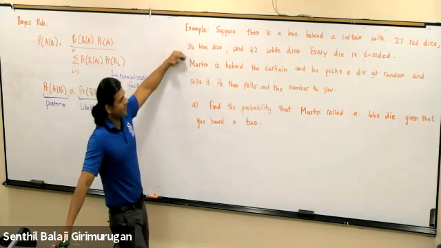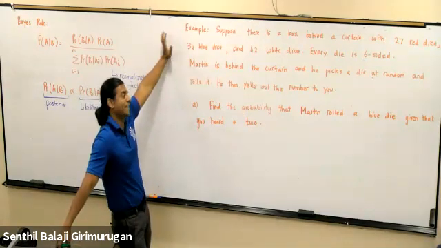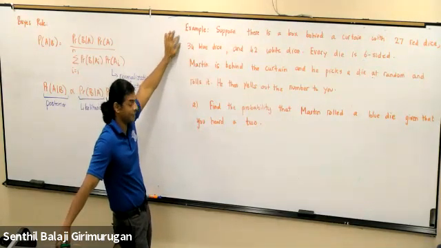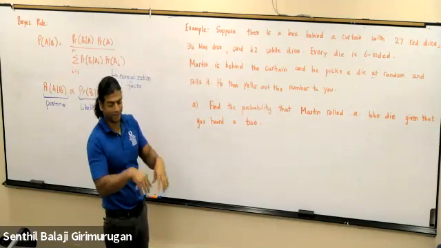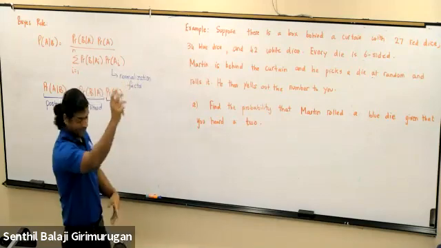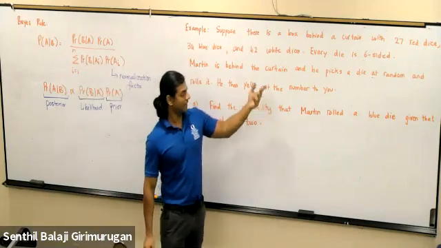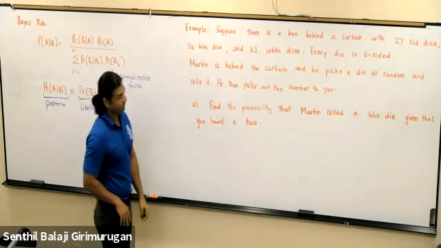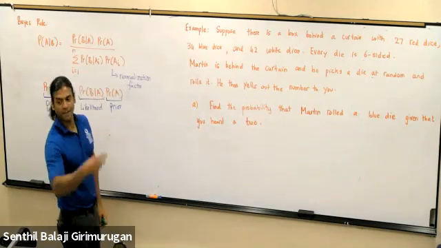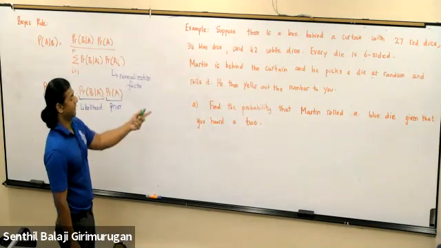No. So Martin is behind the curtain and he picks the die at random. He shuffles the box, picks one without looking and rolls it. He then yells out the number 2. Then he knows the color and the number also.